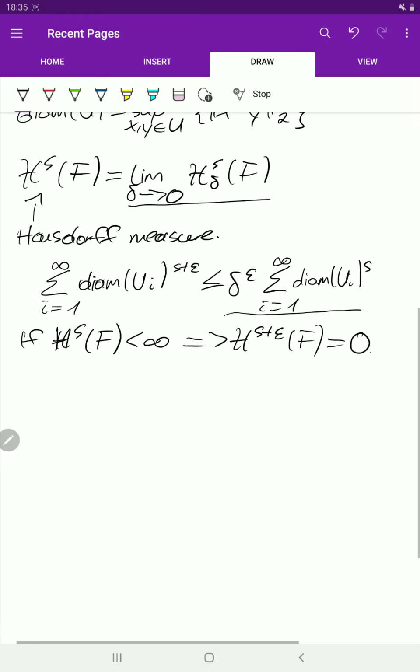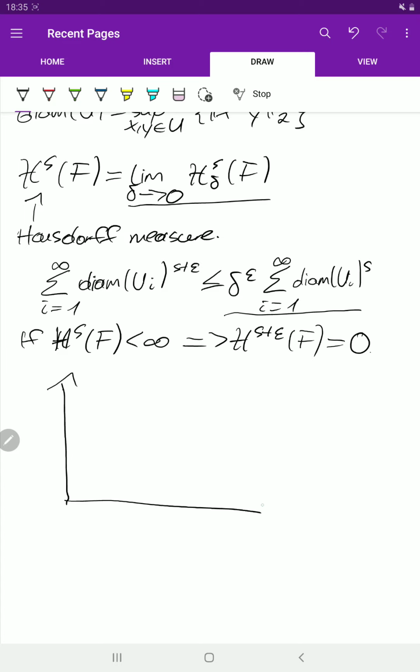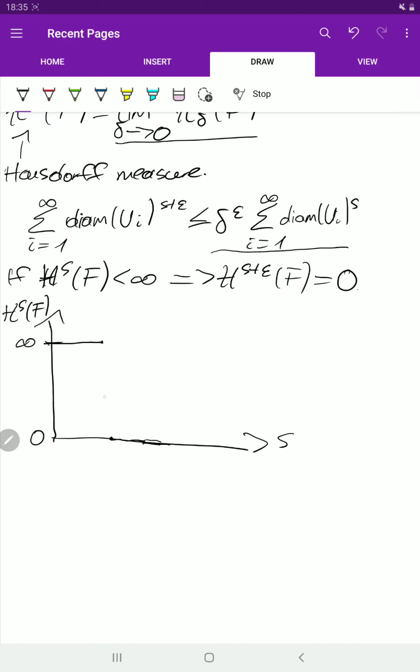So let's look at this graphically. So here we have a graph. Well, I guess you can get what it should look like. Here we have the parameter s. Here we have the Hausdorff measure. Here we have infinity, and here we have 0. And then we have a point which might lie on this line or here. Or it might also go to infinity here, but there exists something which can be infinity where we have a jump.